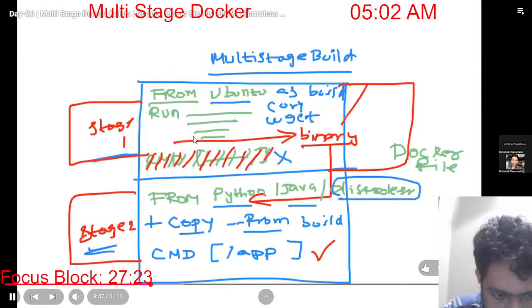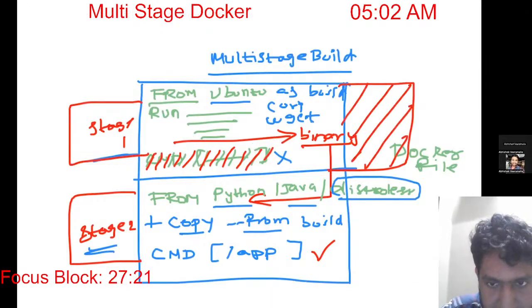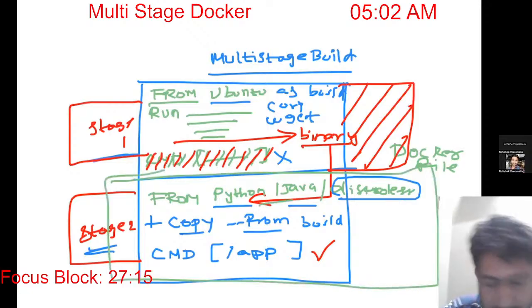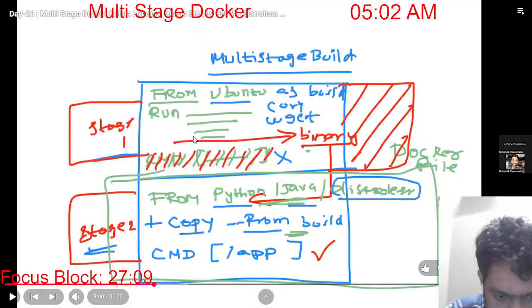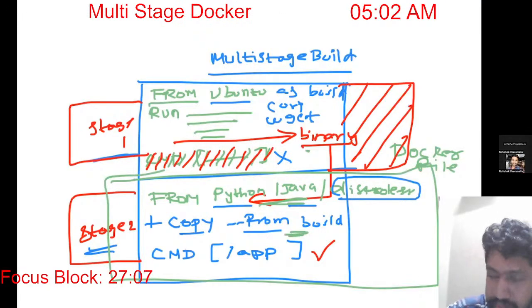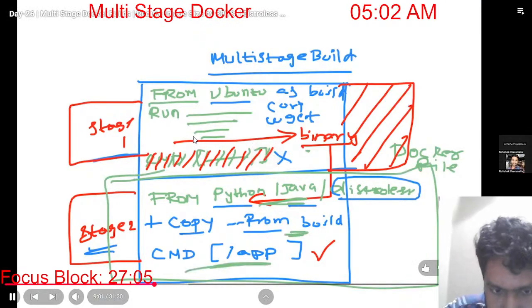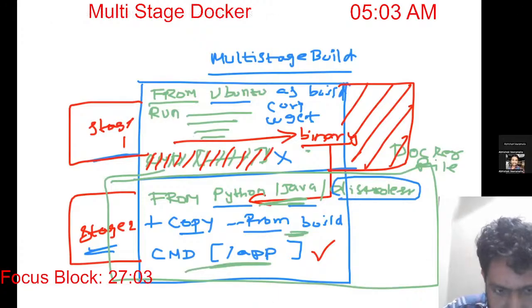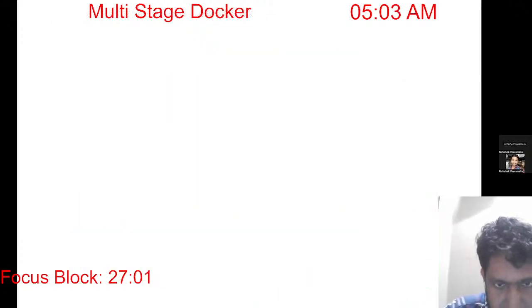Okay, so this will be only part of your build image, and this will be your final image. So if you look at your final image, it will have only the Python runtime. It will have only the binary that you have built in your build stage, just the executable.